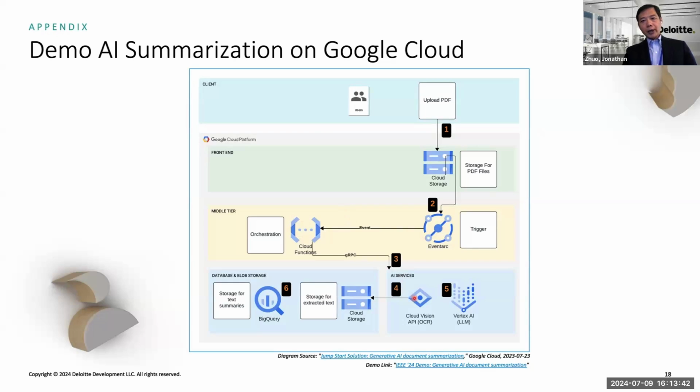And the Cloud Vision AI extracts the text from the PDF document using OCR. And the Vertex AI large language model creates a summary from the extracted text stored in the Cloud Storage. And BigQuery handles the storage of the generated summary. All right, let me switch to a different window and show you the demo.